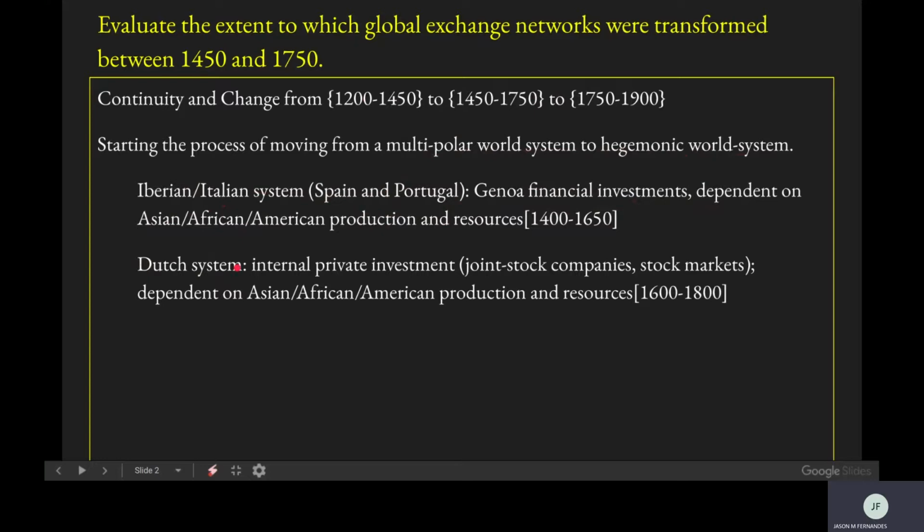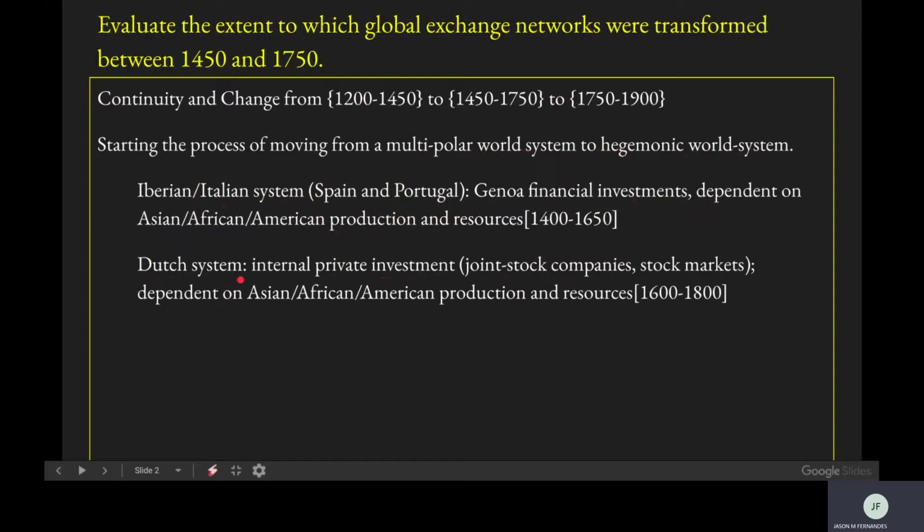The big change you'll see between these two is you don't have this alliance between, say, Spain and these bankers. That's all happening internally now. So you'll get this internal private investment in the Dutch system. If you remember, we talked about these joint stock companies and stock markets the Dutch can invest in. So they're going to bring it all together under one nation state.